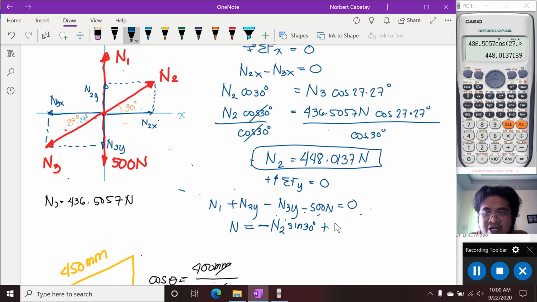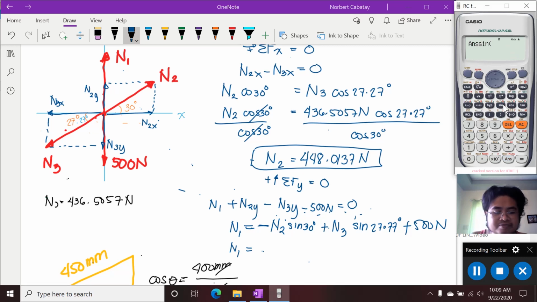So, plus N3Y, which is N3 sine 27.27, plus, ito lilipat na rin sa kabila, magiging positive 500 newtons. So, yan. So, N1. Salpak nyo yung value ng N2. So, diretso na natin sa calcu. Ito yung N2, sine ng 30.